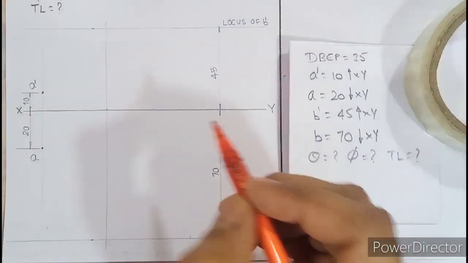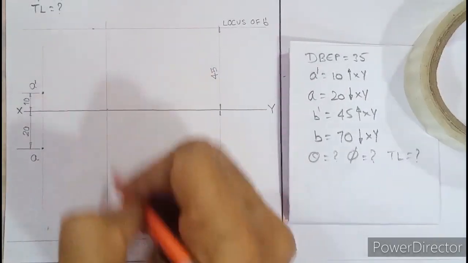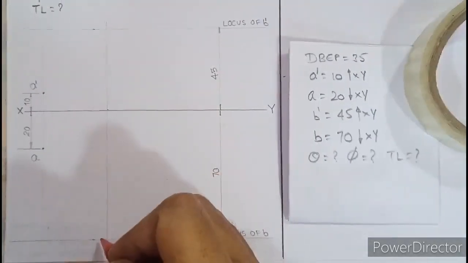Okay, after this, we know that on this vertical projector, 2 points B dash and B should lie.